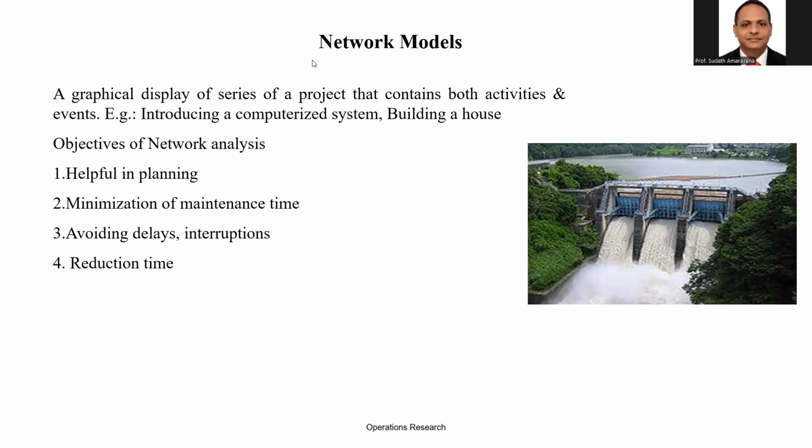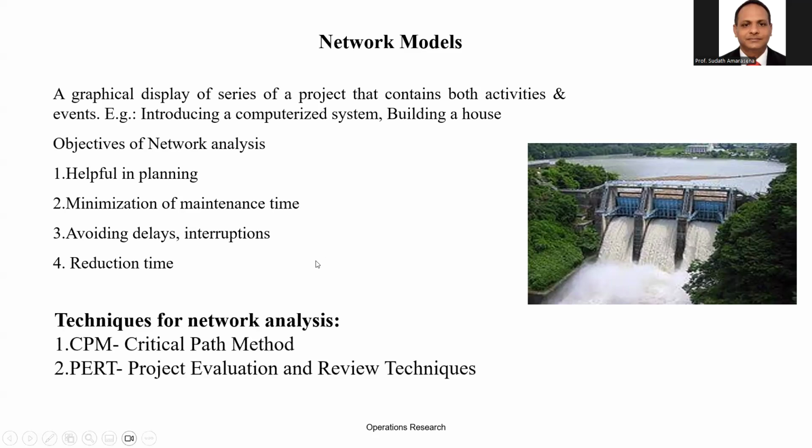Not only that, it is possible to identify the slack time, total slack as well as free slack. I'll come to that later. When I talk about the techniques for network analysis, there are mainly two techniques. One is CPM, the critical path method.